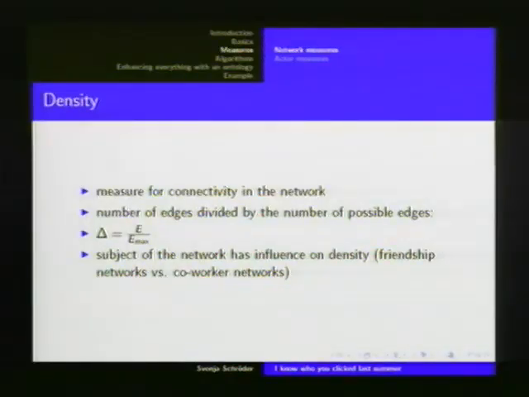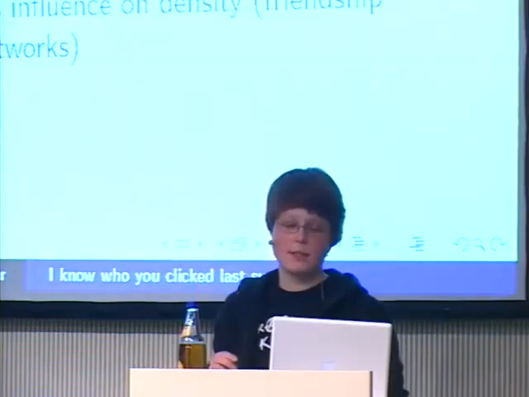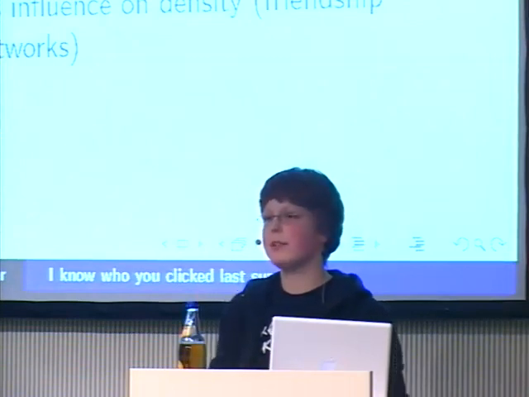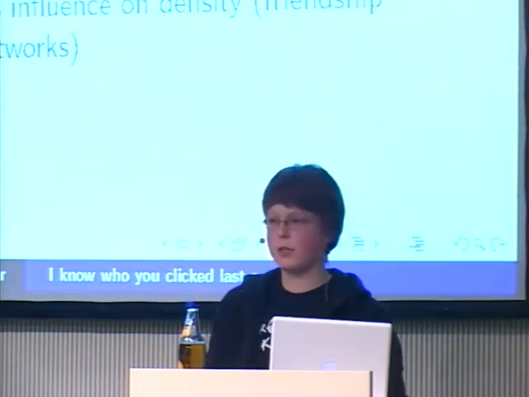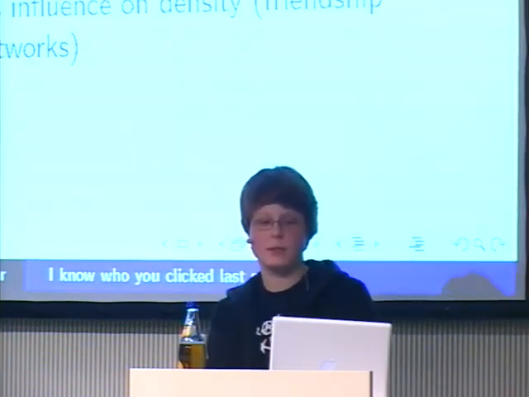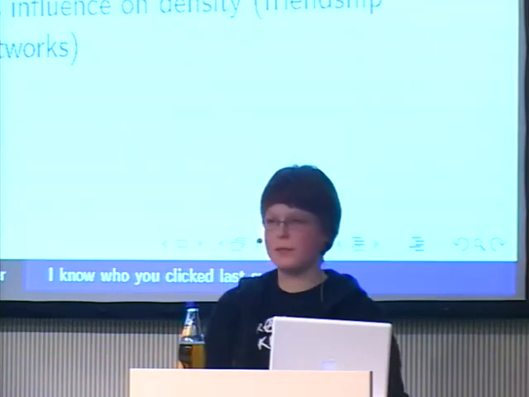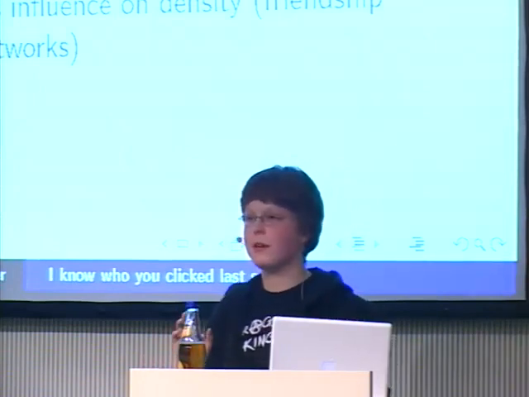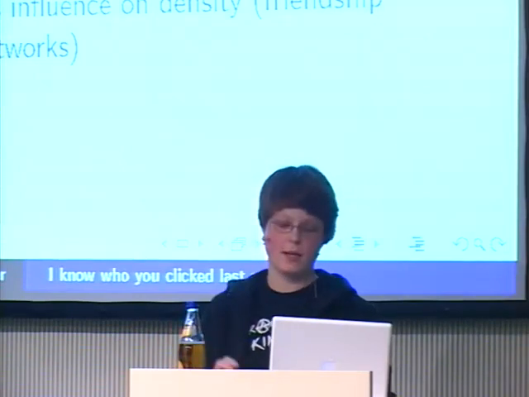It's a very easy measure, and of course the subject of the network has influence on the density, because friendship networks tend to be more intense than, say, co-worker networks. With this measure, for example, you can compare different networks in a very basic way.